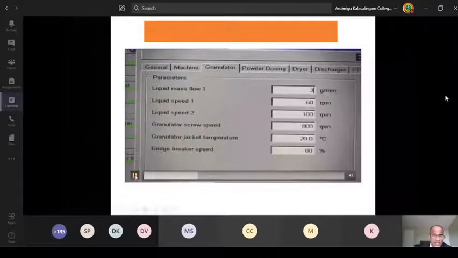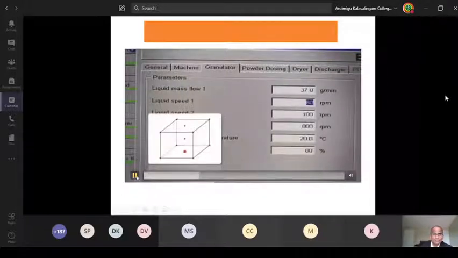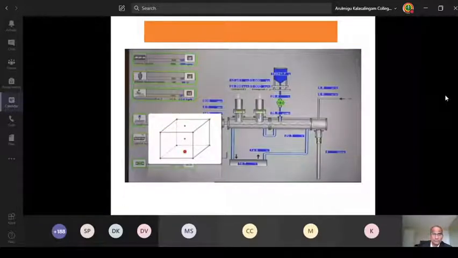So here is the start of the granulation step process. The continuous granulation step process is going on.